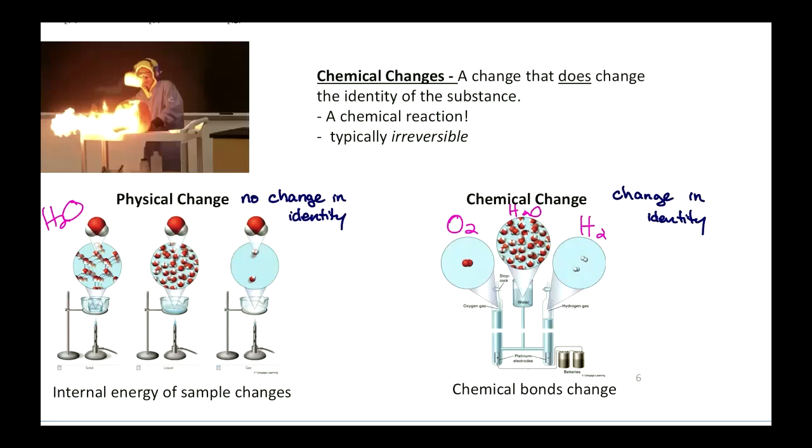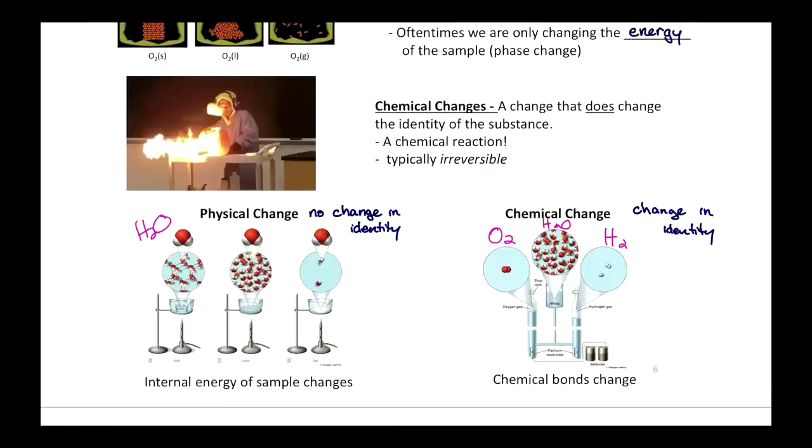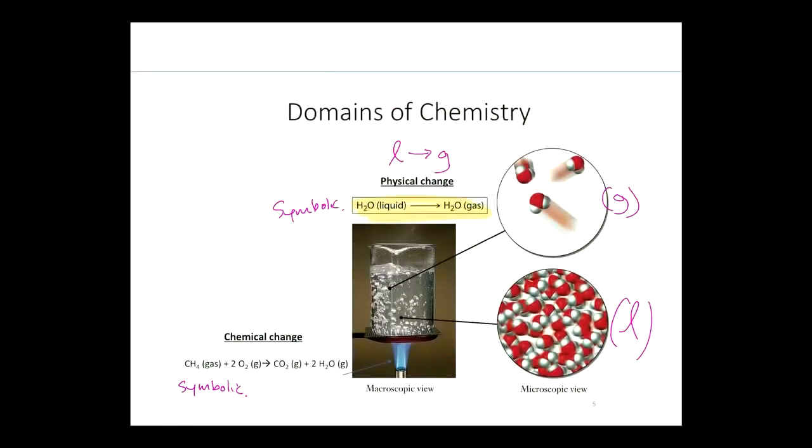So we're taking two different substances and making a different substance with a different formula. So that's a chemical change. If we go back to this picture, the boiling of water is a physical change, but the combustion of methane is a chemical change, but we can represent both of them with chemical formulas and equations.